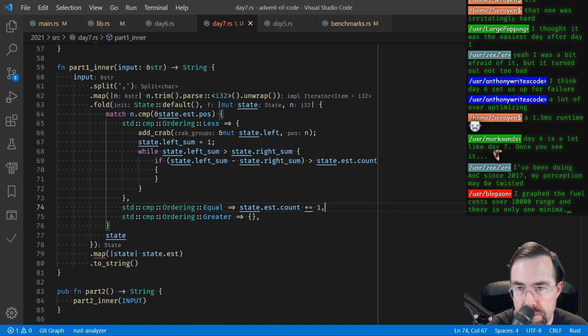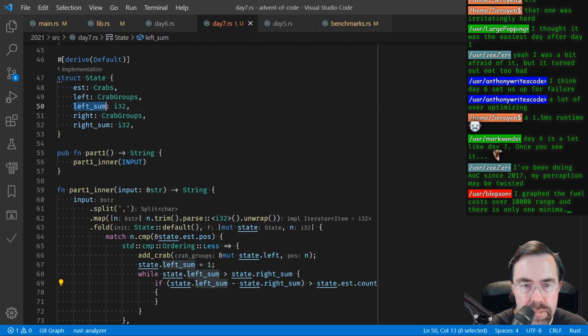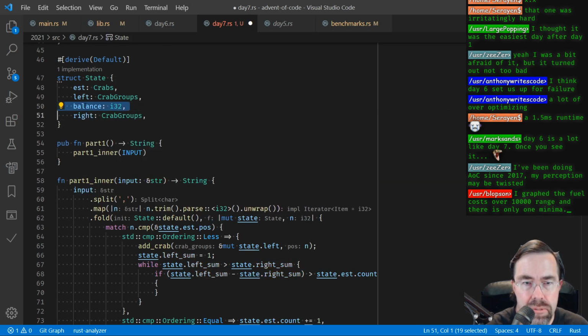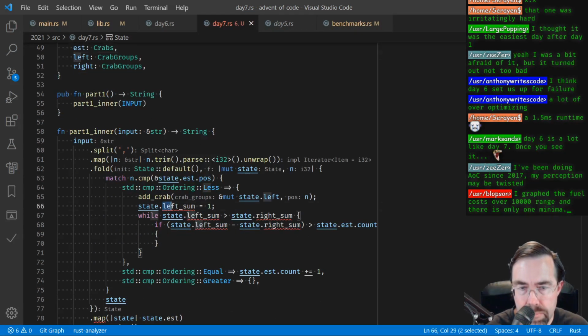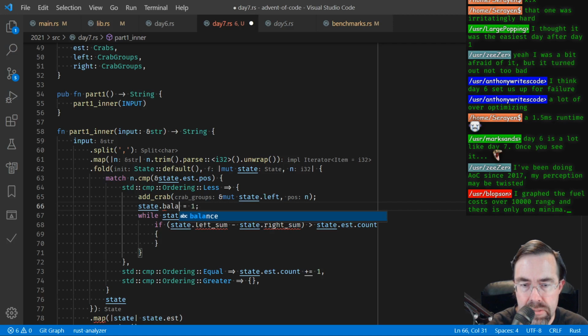Times 2, right? This is the current balance. Actually, I don't even need two numbers here, right? I can just say balance. And then I kind of want to do that. So it would be balance minus equal 1.